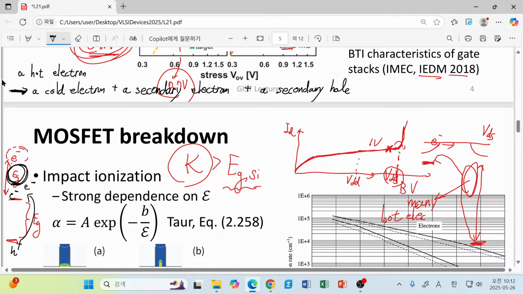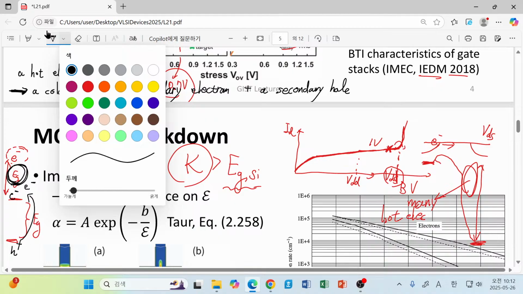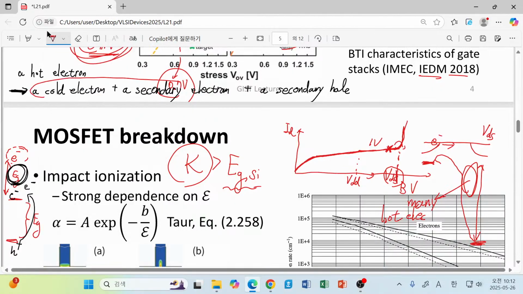Initially you have one electron, but now you have two electrons, and these two electrons are once again accelerated and become hot, and they generate secondary electrons once again.